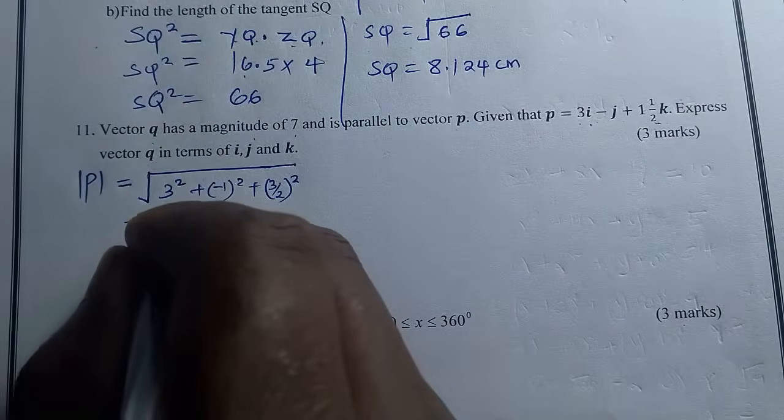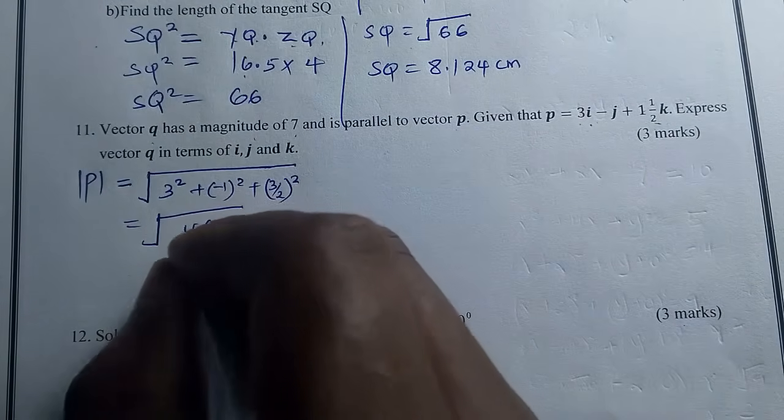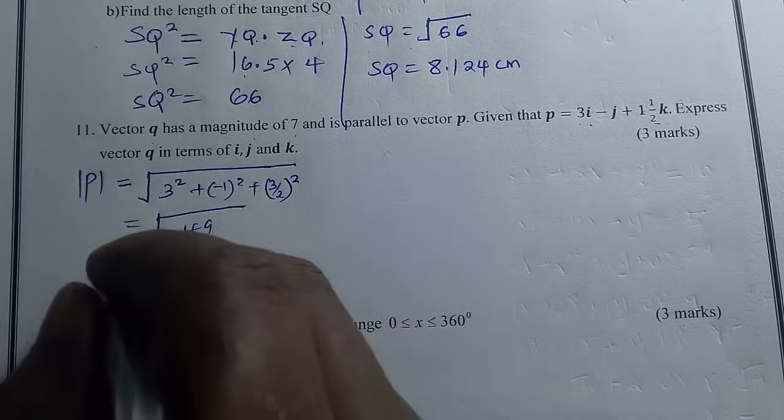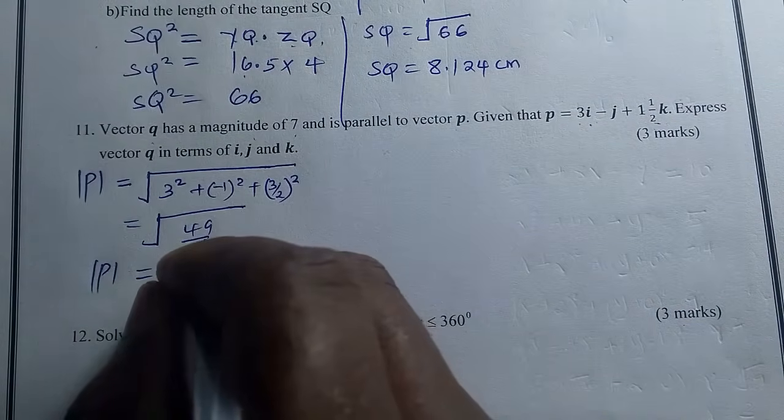This is going to be the same as 49 over 4. So the magnitude of P is actually 3.5.